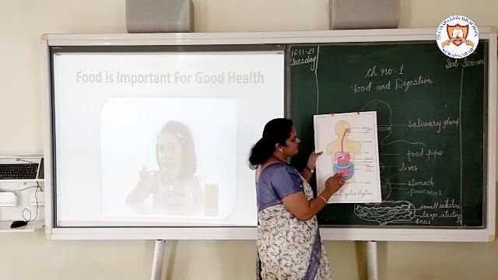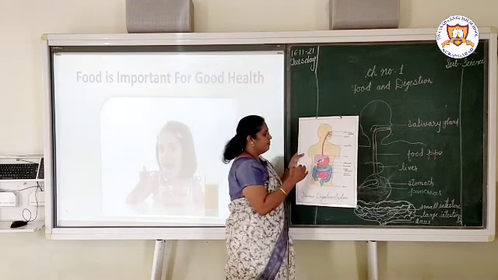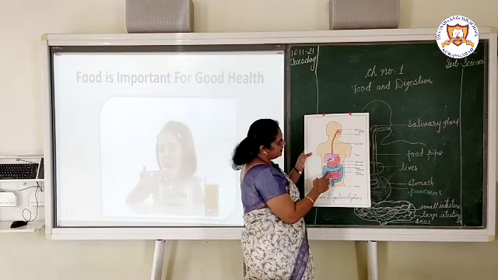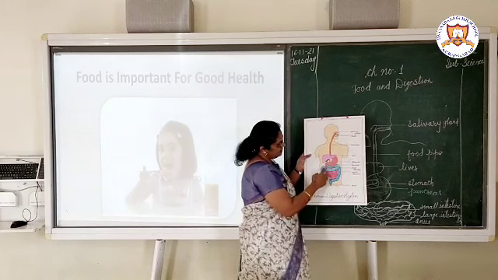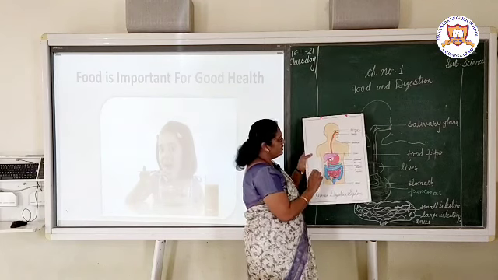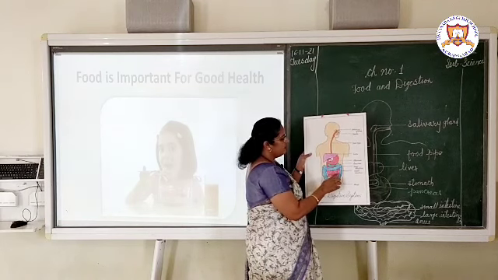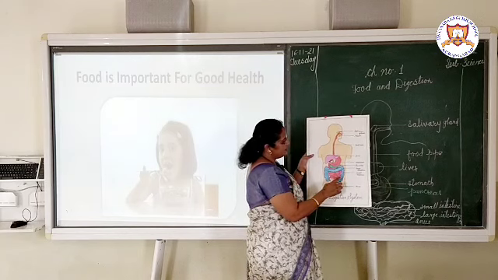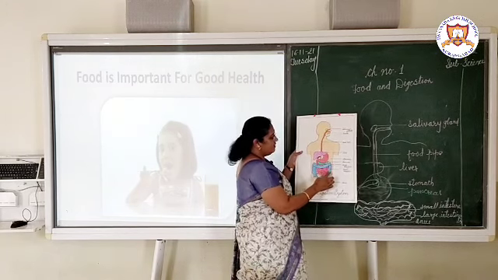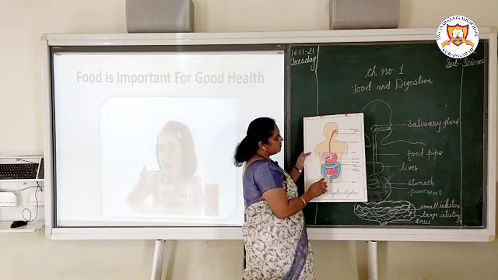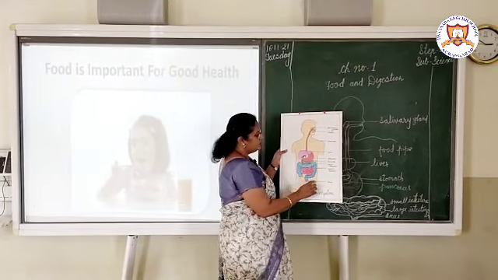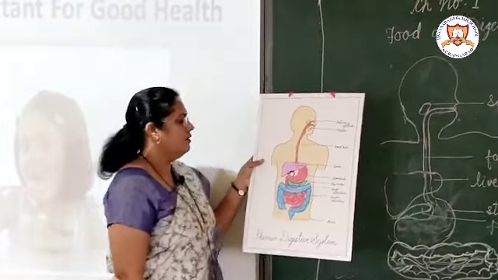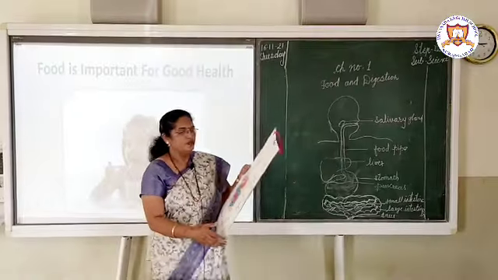The absorbed food passes to the different parts of the body, and the waste comes into the large intestine. This blue coiled tube is the large intestine. The blood vessels in its wall absorb extra water, and then the waste leaves the body through the anus. So this is all about the digestive system.